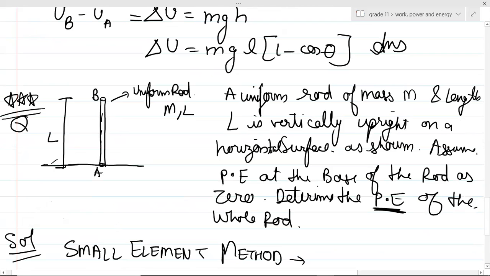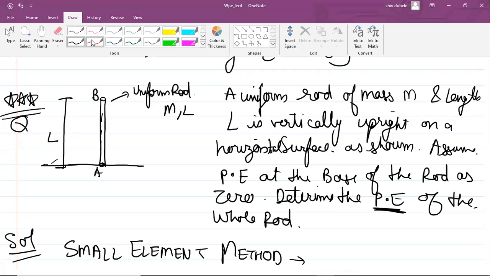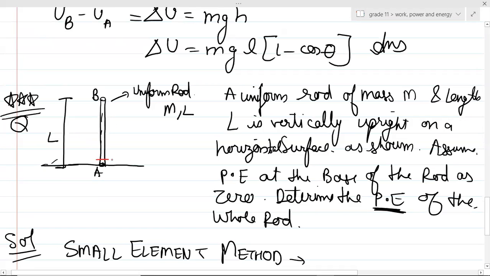Suppose I break this rod into many small pieces, countless small pieces, and I take this element. Can you see this element is, let's say, at height h1, so it will have a different potential energy.